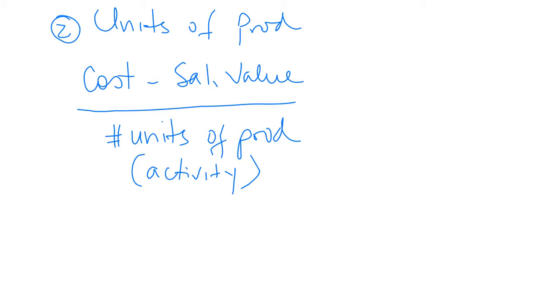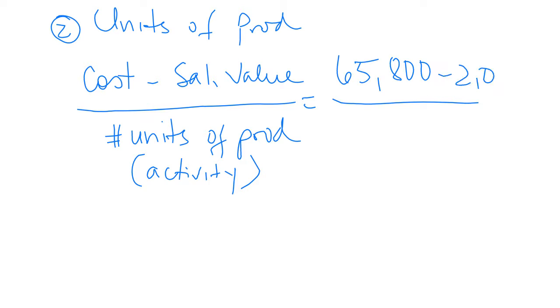Similarly here, I'm going to start with $65,800, which is the cost of this asset, this sound equipment. Then I'm going to subtract the $2,000 salvage value and divide that by the 200 concerts.